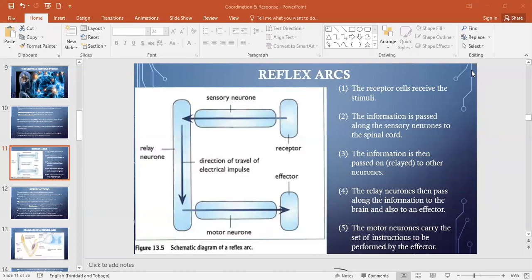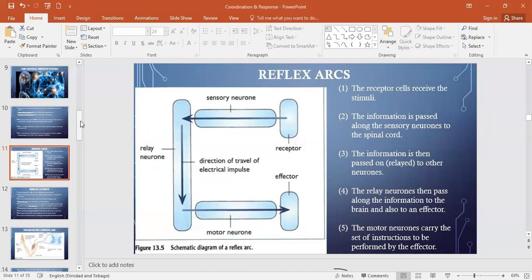All right, so those are the types of reflex actions that we have, and this is in essence how it happens. First you start off at your receptor cell. So again, you have to have your cells to receive the particular stimulus. Once your receptor cells receive this information, it is passed along your sensory neurons.